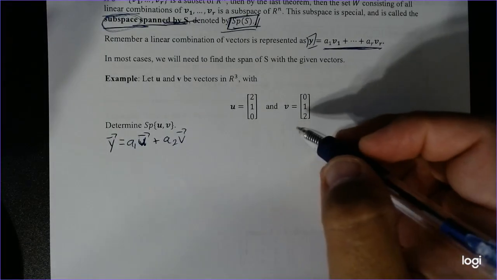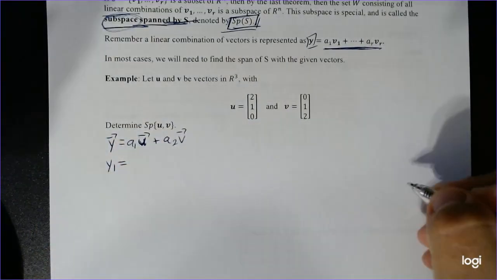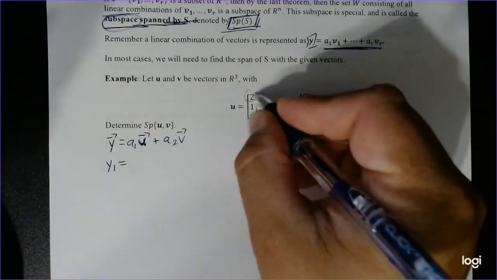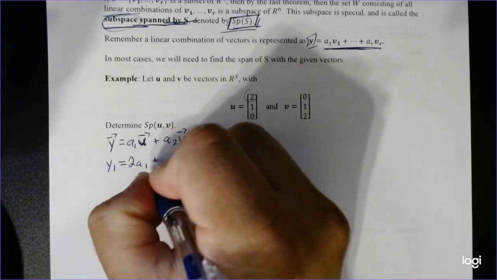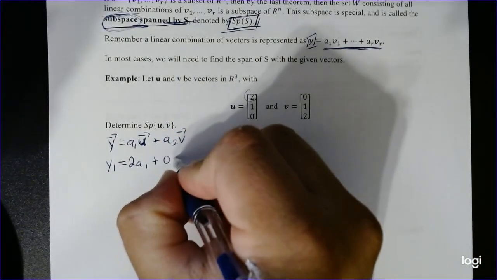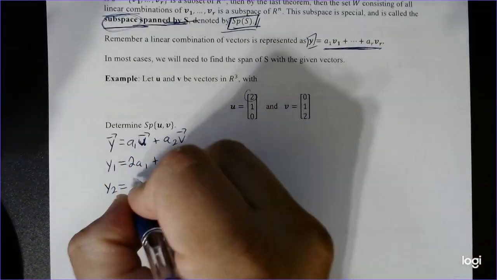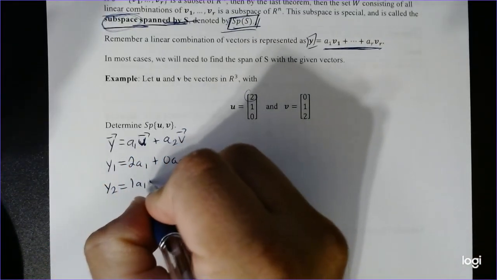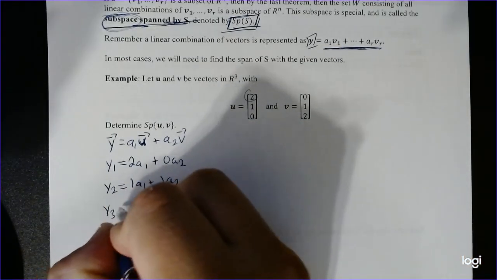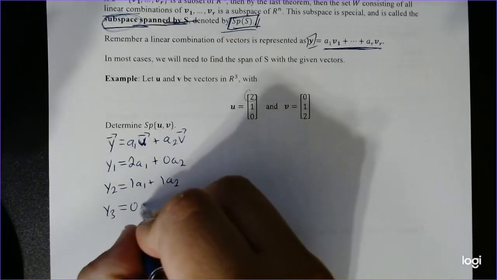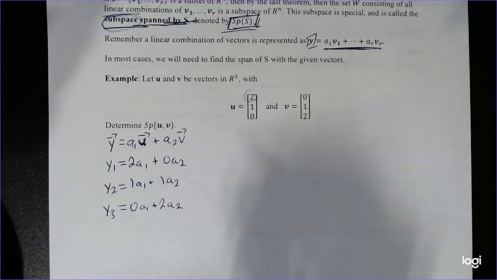Now what I want to do is break it apart. The components of vector y: y1 is equal to 2 a1 plus 0 a2, y2 is equal to 1 a1 plus 1 a2, and finally y3 is equal to 0 a1 plus 2 a2.